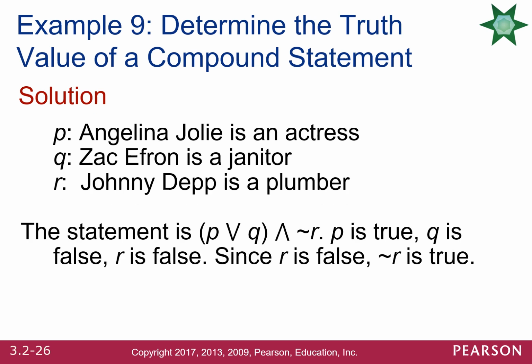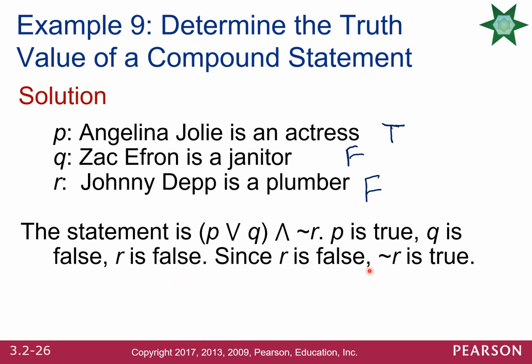So P is Angelina Jolie is an actress, and that's a true statement, so we are going to mark that as T. And then Zac Efron is a janitor, that's going to be marked as false, and Johnny Depp is a plumber is going to be false as well. So now the statement is P or Q and not R. So P is true, Q is false, and R is false.